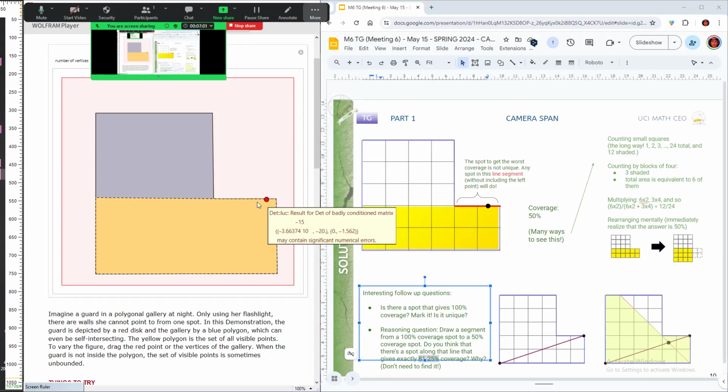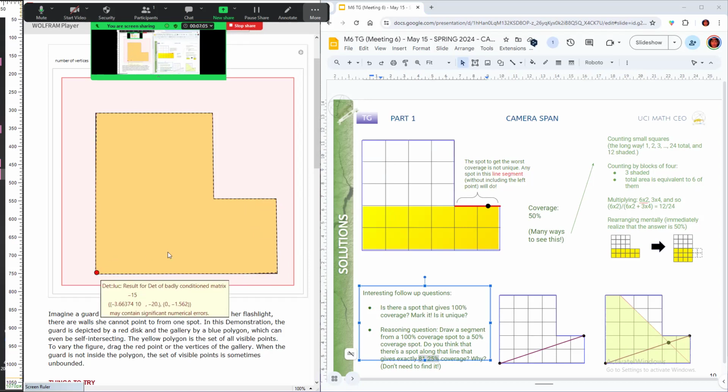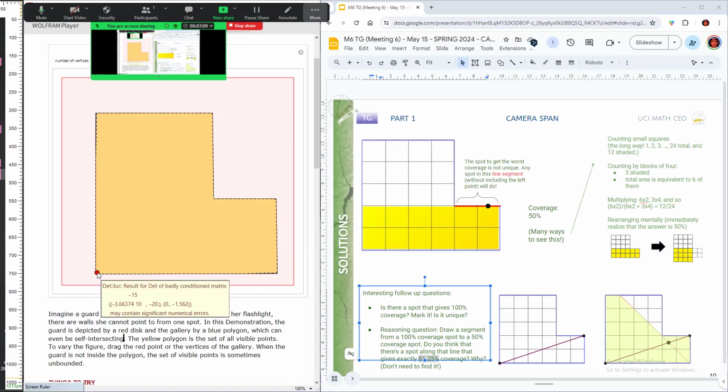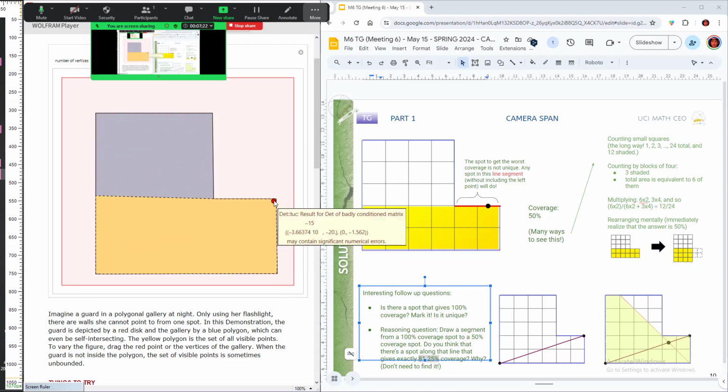And so this is something about continuity, where if I travel from here to here, then I can see that pretty much along any path, I'm gonna have 100% coverage, then less than 100, less than 100, less than 100, until I arrive at 50%.